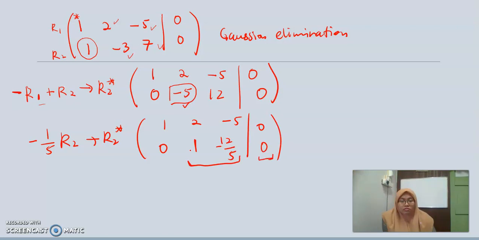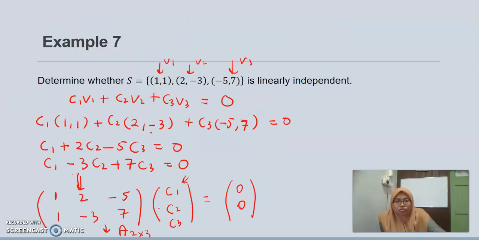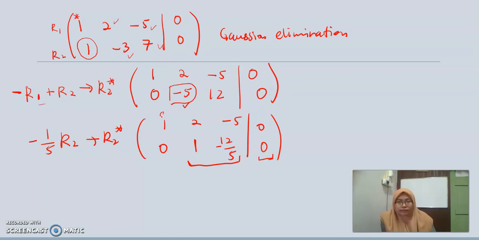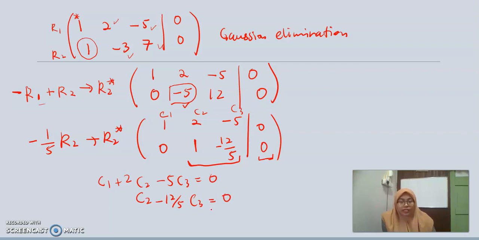The next step is to solve this system using back substitution. Our variables are C1, C2, and C3. So C1 plus 2C2 minus 5C3 equals 0, and then C2 minus 12 over 5 C3 equals 0.